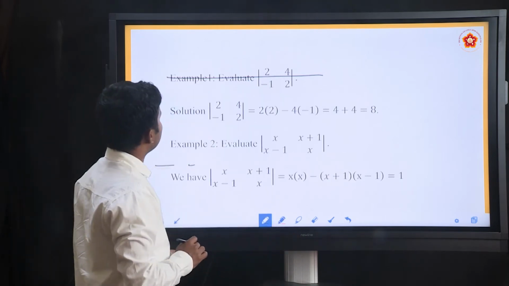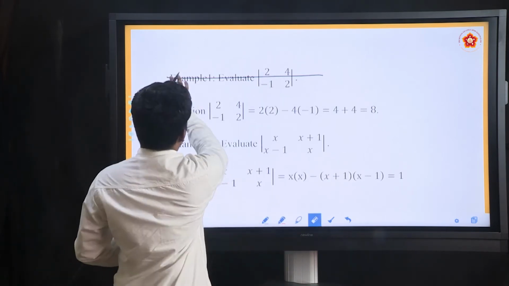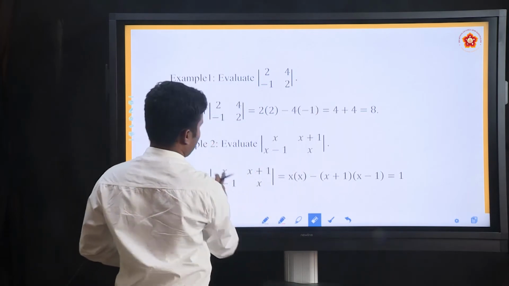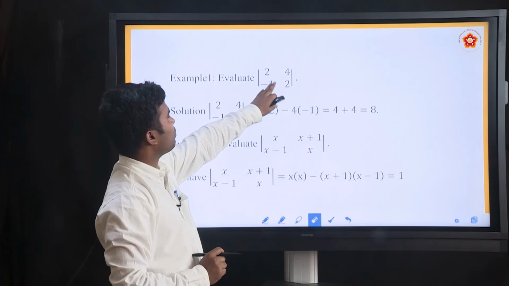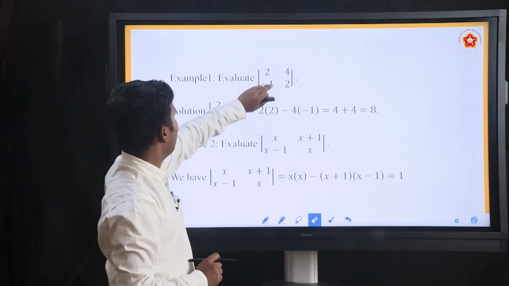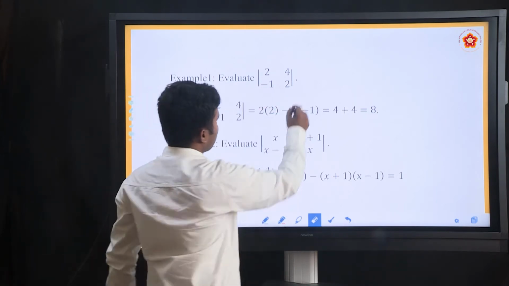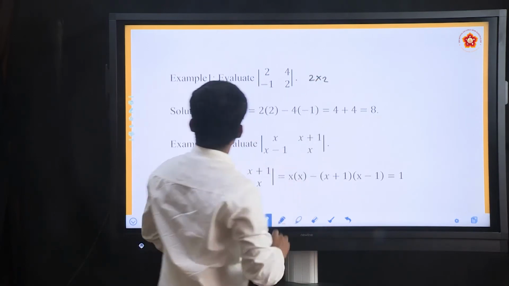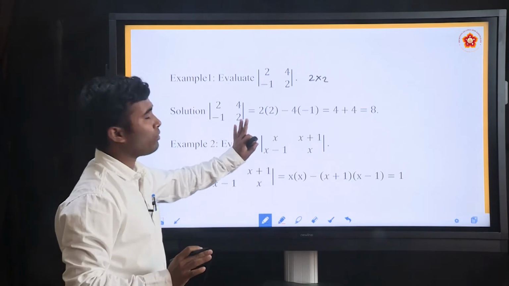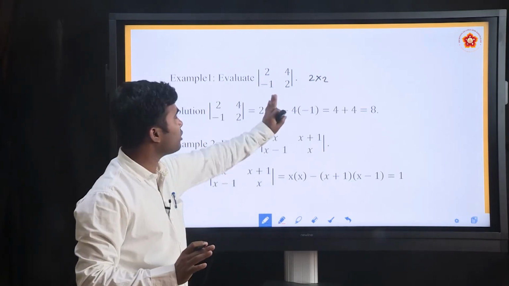For this we have examples as well. We can evaluate the determinant value for this particular matrix, which is of order 2 cross 2. The expansion of second order determinants is very simple.